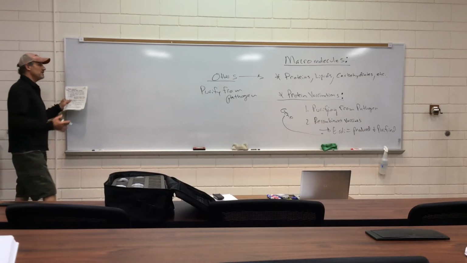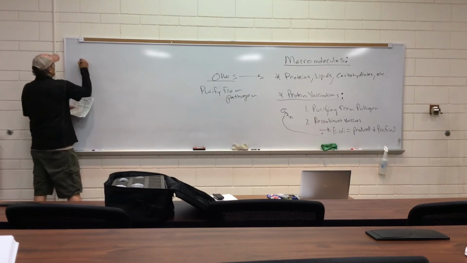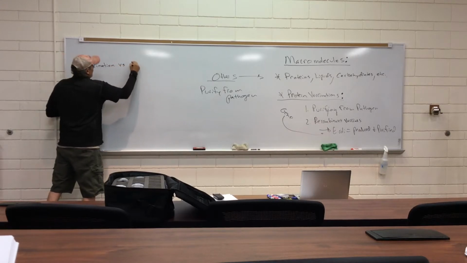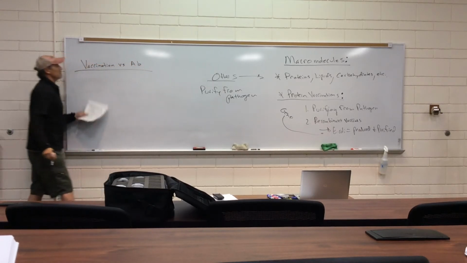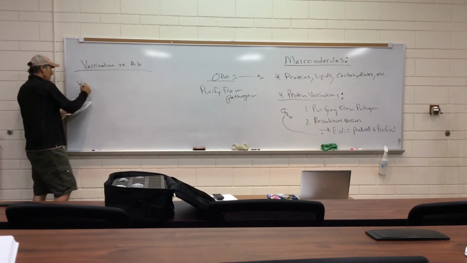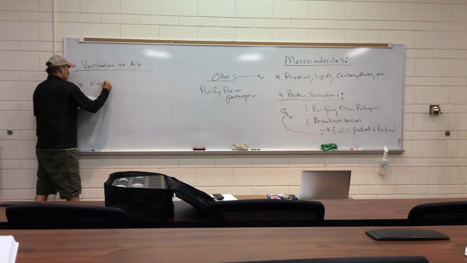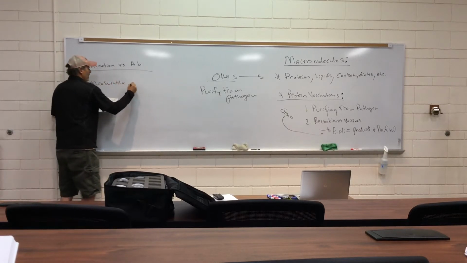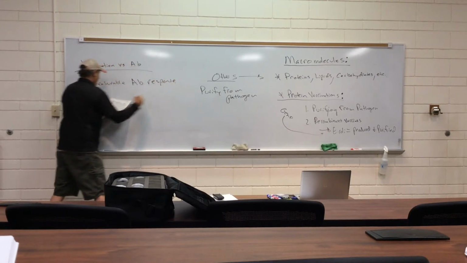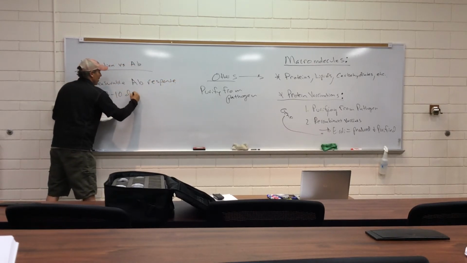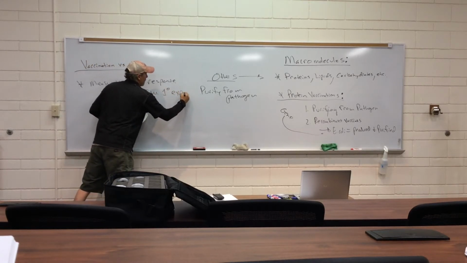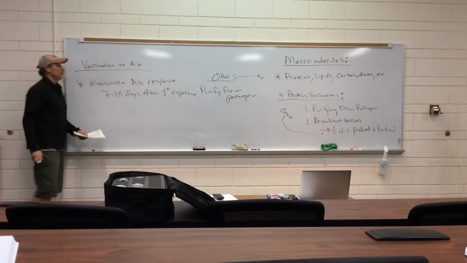And so, as we see with most of our vaccinations, hopefully we're getting some sort of antibody response. So, usually we get a measurable response usually 7 to 10 days after your primary exposure, that first exposure.